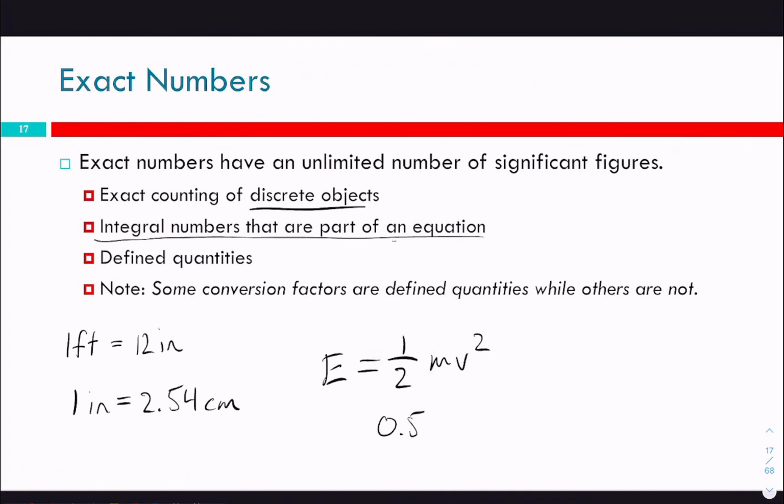At some point, they redefined the inch. I think the original inch was based on the width of the king's thumb, but now the inch is defined as 2.54 centimeters exactly. So when you're using these conversion factors, you don't need to worry about how many significant figures they have, because they're exact conversions, so they have unlimited significant figures. So these would be defined quantities.